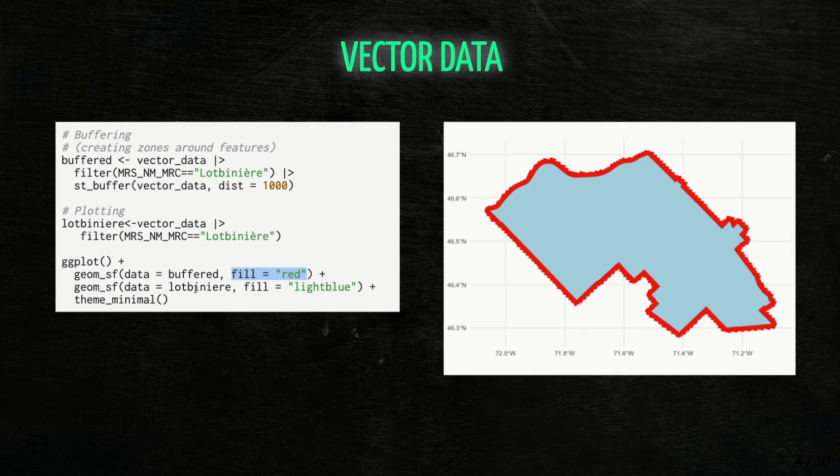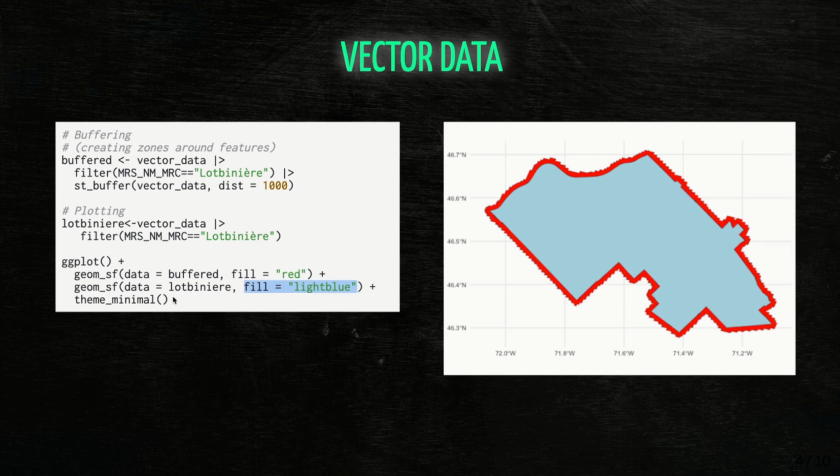On top of that, because I want you to see the difference, the 1 kilometer added around, I tell ggplot to add me a layer, use the data, the spatial feature called Le Binaire, and fill this shape in light blue.